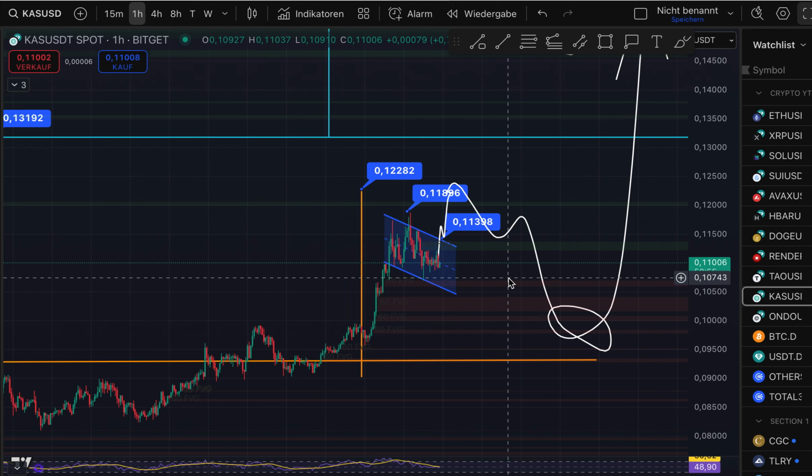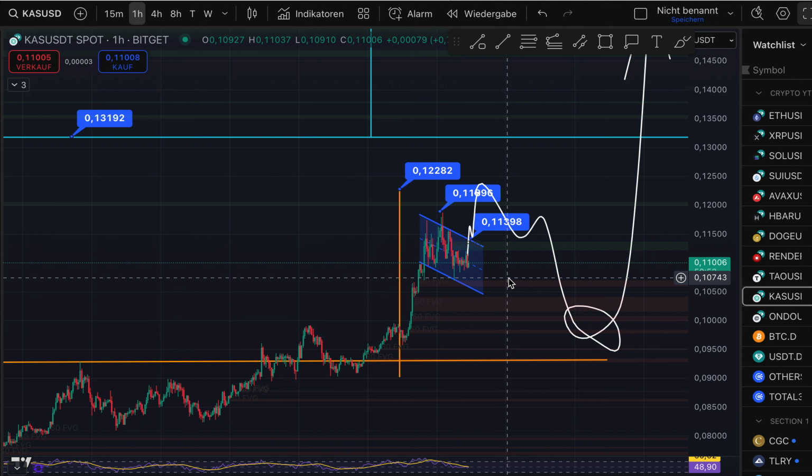So basically everything is possible also to the downside without getting bearish. That's why I would be a bit more careful and wait for breakouts to the upside to get into my long position. I don't want to jump into a long position just because everyone is bullish right now.